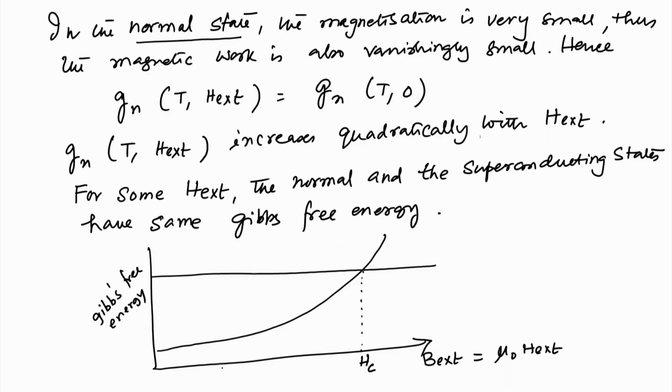Below H c, this is that of the superconductor, S c, and this is normal. So, the superconducting state has lower energy for all values of external field or induction below H c or B c. And as the external field crosses H c, then the superconducting state has higher energy and the normal state has lower energy, as you can see here. Beyond that the normal state stabilizes.